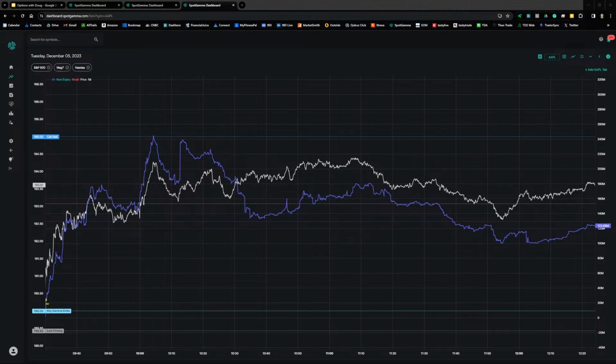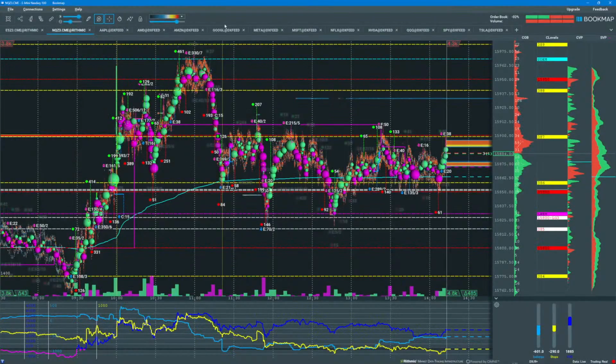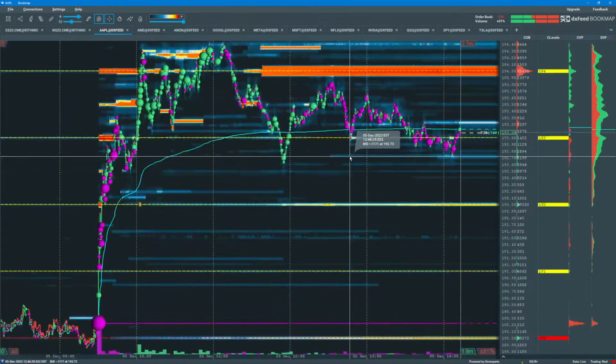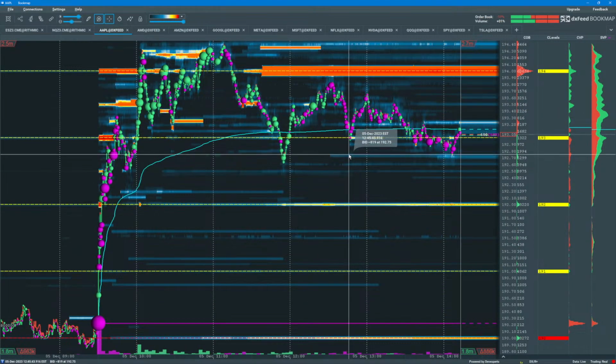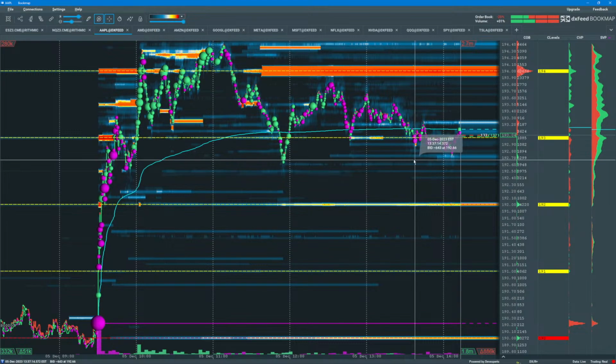All right, let's go take a look at Bookmap. So this sharp move higher in Apple almost looks like Nvidia or Tesla. I don't know if I've ever seen a move like that in Apple, up 3 points in the first half hour.